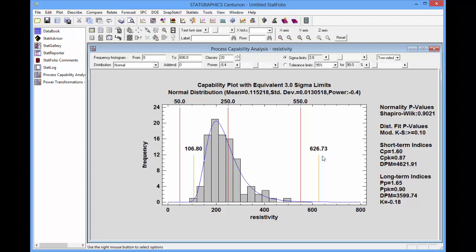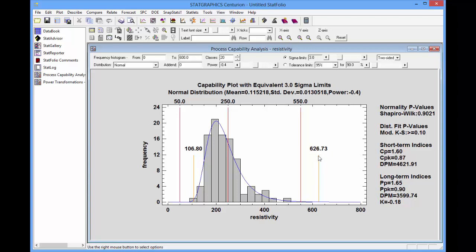By equivalent, I mean they're located at the same percentiles as plus and minus 3 sigma would be in the case of the normal distribution. They're actually determined by first looking at the distribution of the data in the transformed metric, taking the mean plus and minus 3 sigma, and then invoking the inverse transformation to put them back on the resistivity scale.